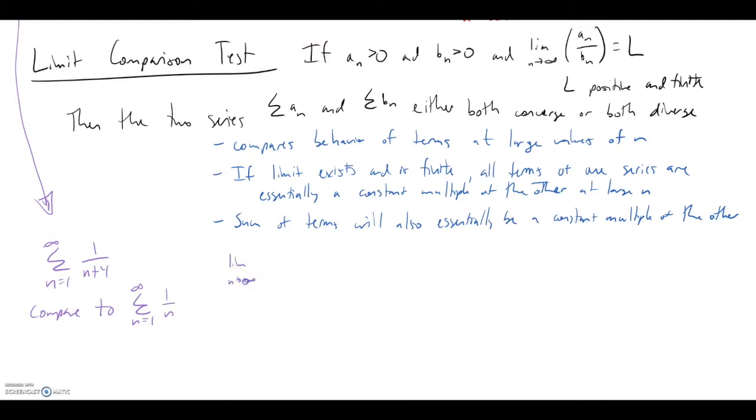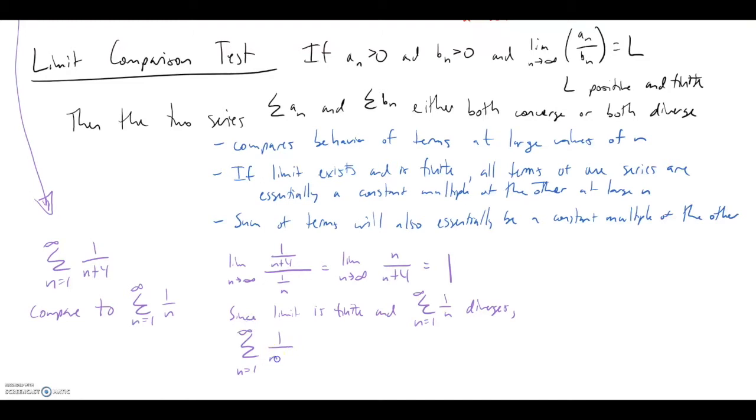And we'll set up for the limit comparison test, taking our original series 1 over n plus 4 and dividing by our comparison series 1 over n, which will be equal to the limit as n approaches infinity for n over n plus 4. And this limit does exist and is equal to 1. So since this limit is positive and finite, and the series 1 over n diverges, then the infinite series 1 over n plus 4 must also diverge.